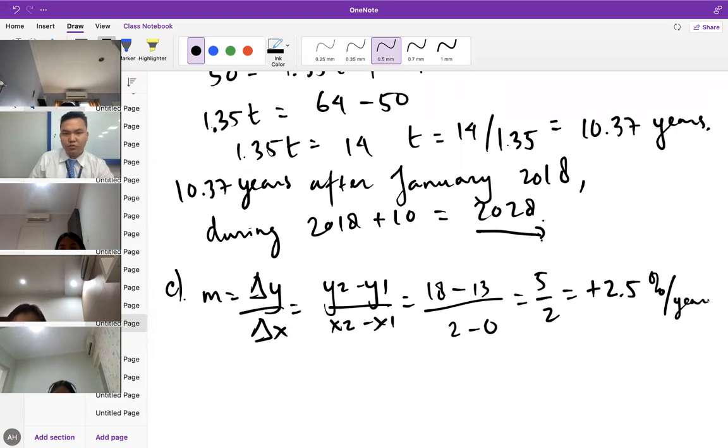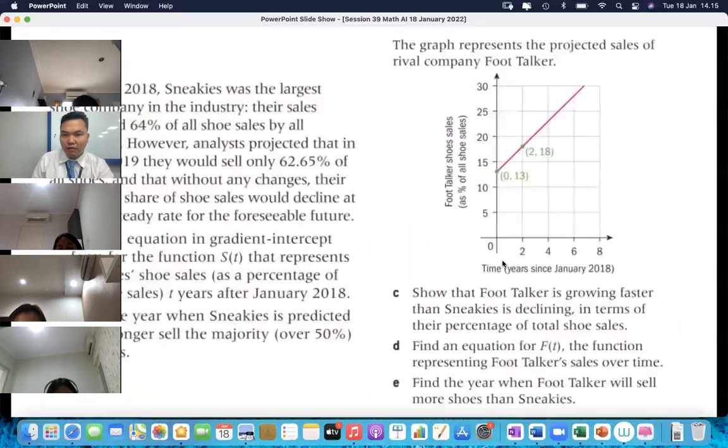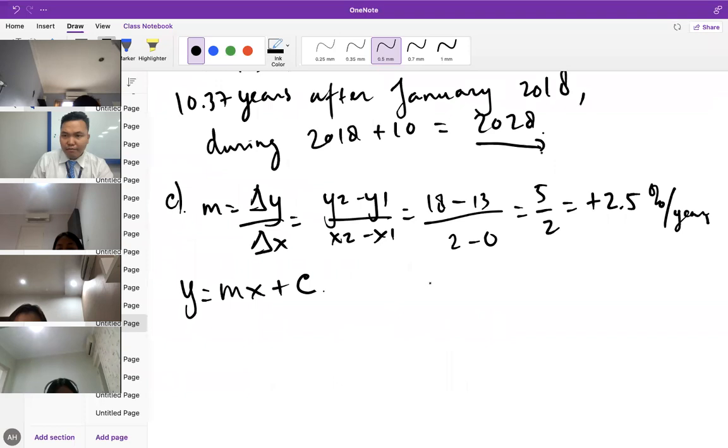So this is the gradient of Foodtalker. And then the equation of line is y is equal to mx plus c. Now, your m is equal to 2.5. Basically this is the answer for C. Done.